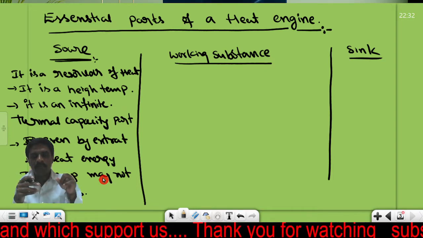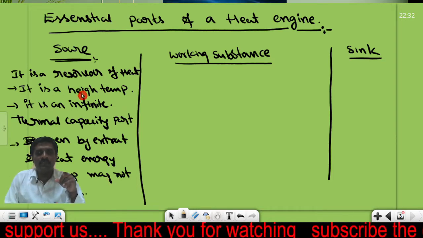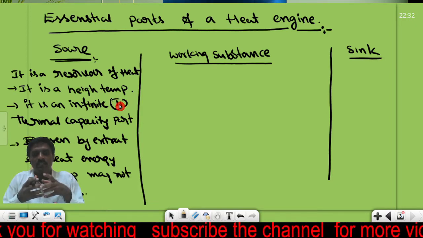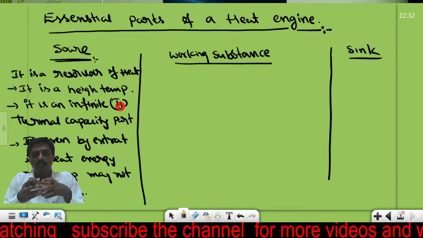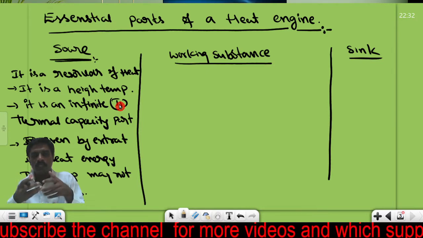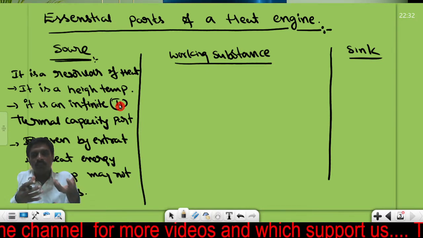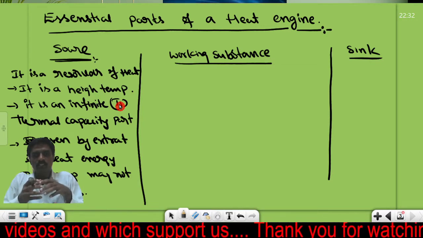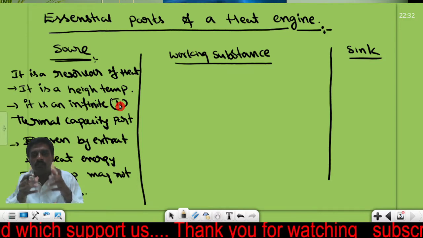So it is the high temperature place. Generally it is denoted with the temperature T1. Due to the high thermal capacity, even as we extract the heat energy, the temperature of the substance may not change. That is about the source.